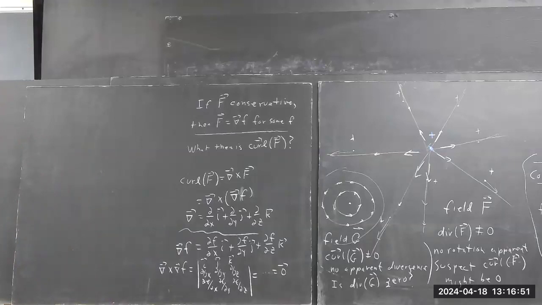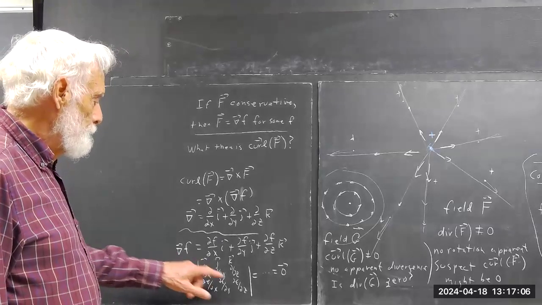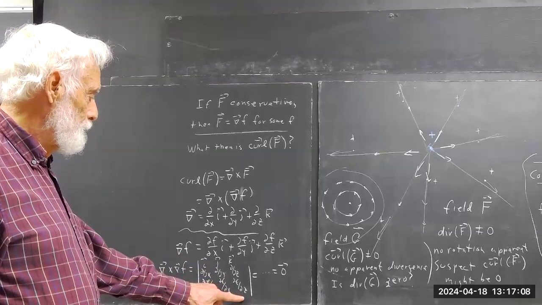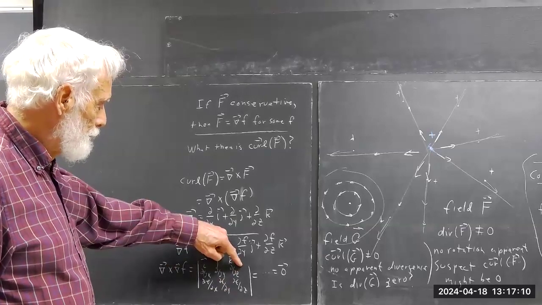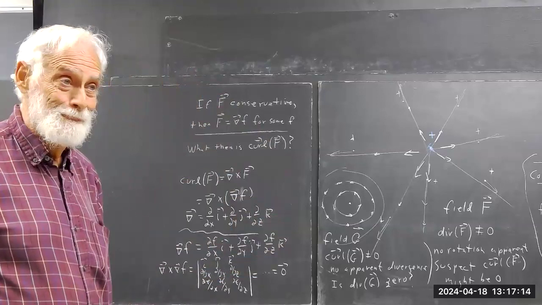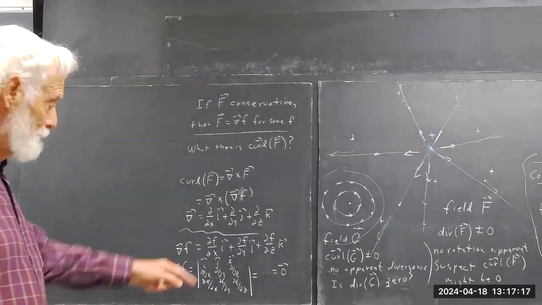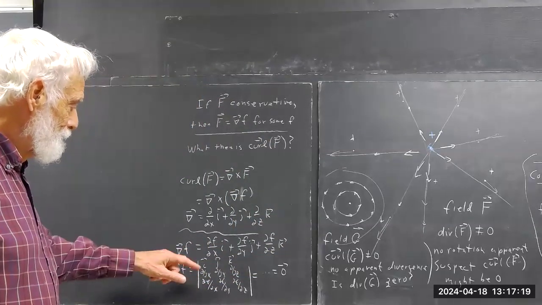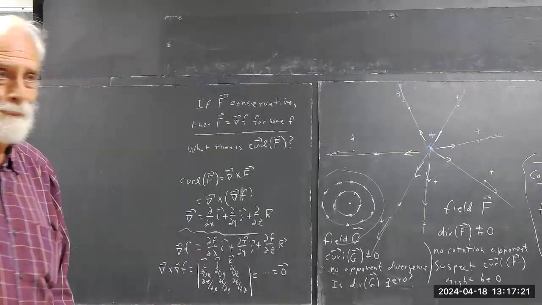You really need to do that. It's one of those things that can heighten the probability that things turn out on a test. And you want to convince yourself of it. It just comes down to partial with respect to y, partial with respect to z, minus partial with respect to z, partial with respect to y. So you just write it out: this minus this minus this.